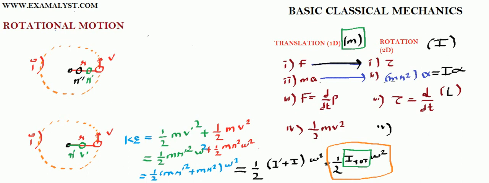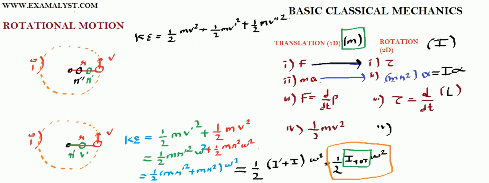If I now ask you what is the kinetic energy, what will you do? You will say, okay, we need to add the energy of all the 3 balls. So the energy of the first ball is half mv square. The energy of the second ball is half mv dash square. And the energy of the third ball, which is the ball closest to the O, is half mv double dash square.